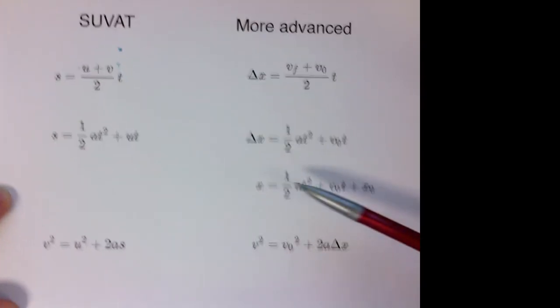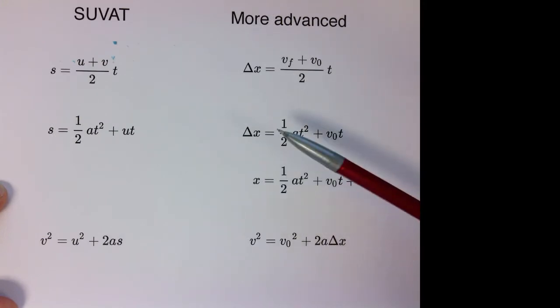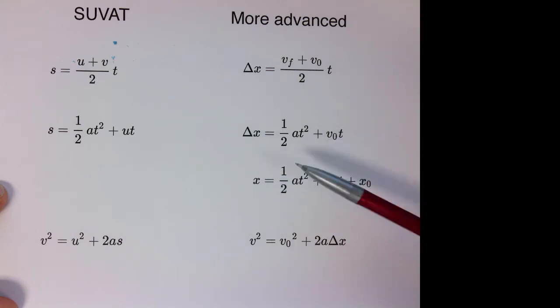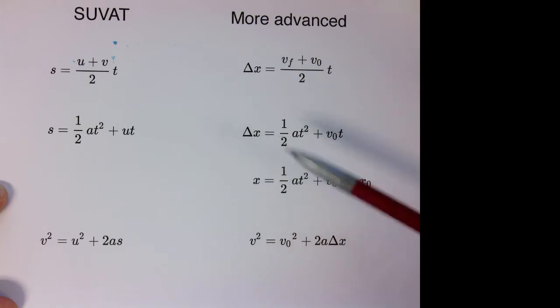In the more advanced version, and this is where the graphing comes into play, we can actually describe, rather than the displacement, the position, being this same term but taking into account the initial position. Taking into account the initial position allows us to make a graph of the actual position as opposed to the displacement.